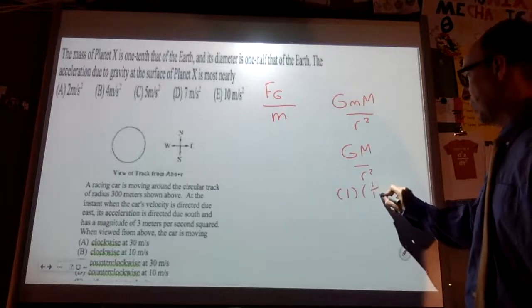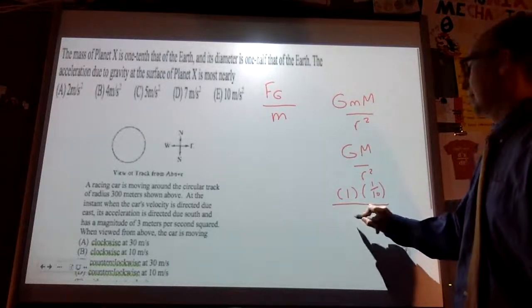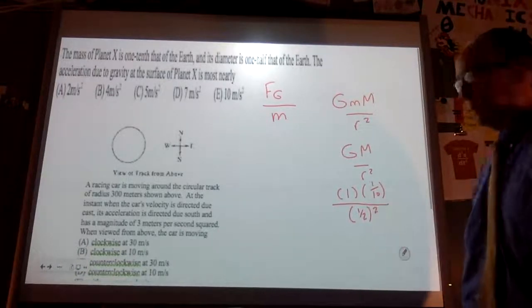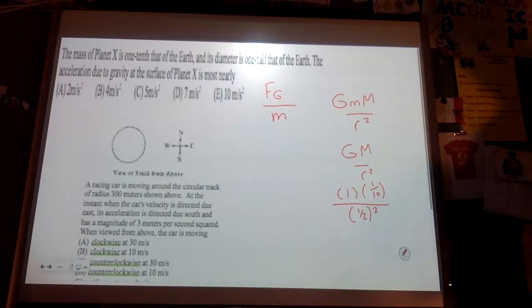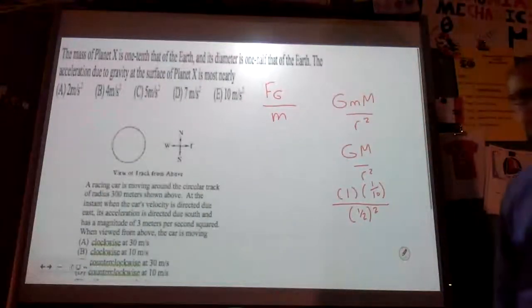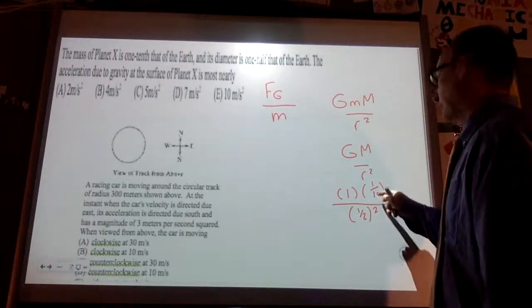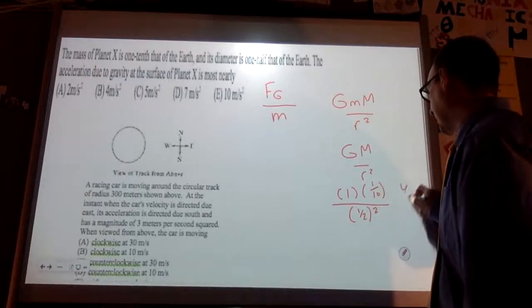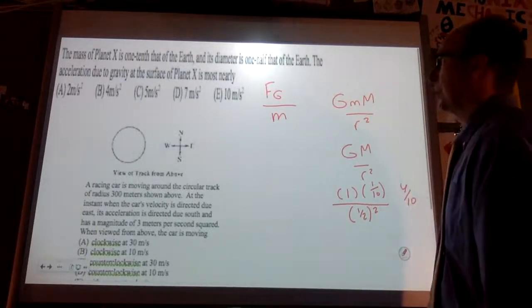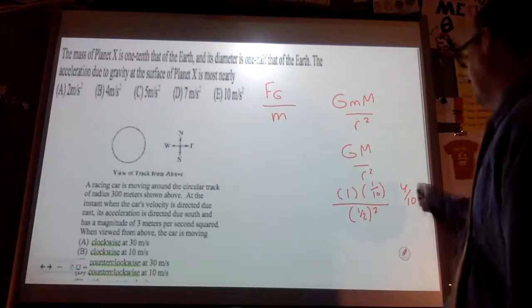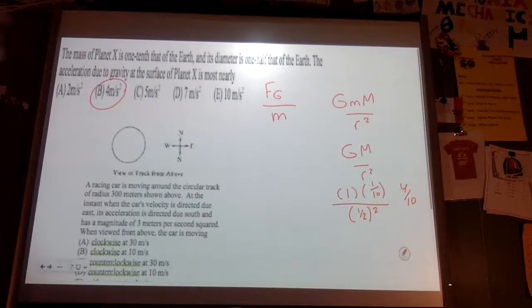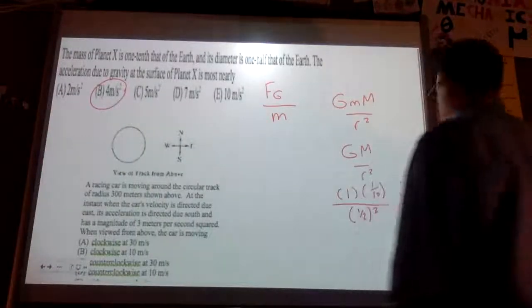The mass is going to be 1/10. And if the diameter is 1/2, the radius is 1/2, but that 1/2 is going to be squared. And so I'm going to have 1/10 divided by 1/4, which would be 4/10. So if it is 10 on Earth, it's going to be 4/10 that, or 4 on this new planet.